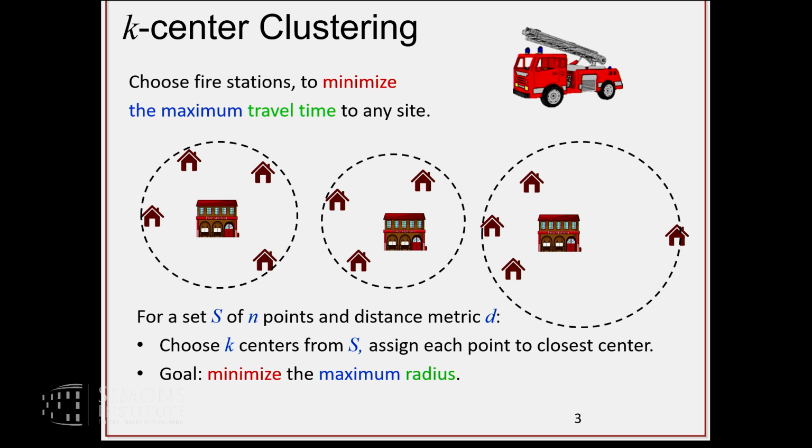The goal is to minimize the maximum distance any fire truck has to go from the fire station to the house. So we want to minimize the maximum radius, and that's going to be the cost function of any clustering. For this example here, this is going to be the cost of the clustering, the maximum distance.